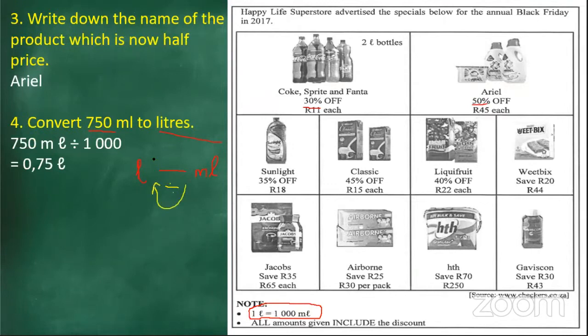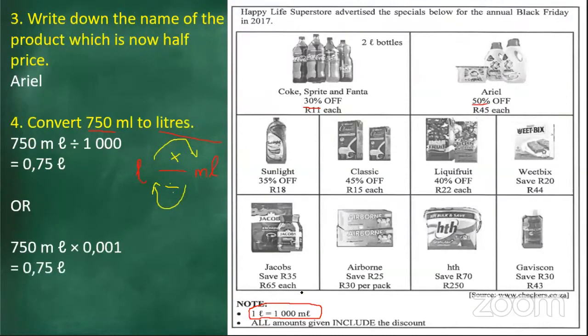But to move from liters to milliliters, if the question was reversed, you would multiply. Another way of doing this would be 750 milliliters multiplied by 0.001. Then you will get your 0.75 liters.